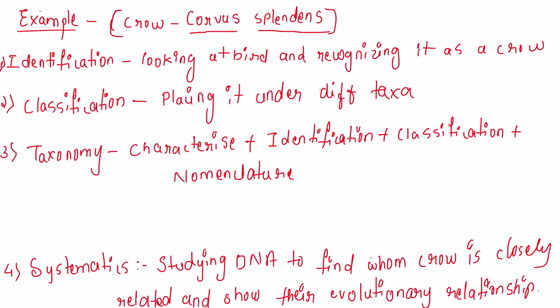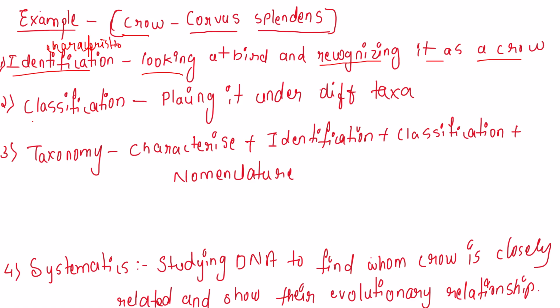We will just summarize everything with an example. We took the example of crow, which is Corvus splendens, looking at a bird and recognizing it as crow. Looking at its features, first comes characterization, obviously, and through characterization we get to know its features.